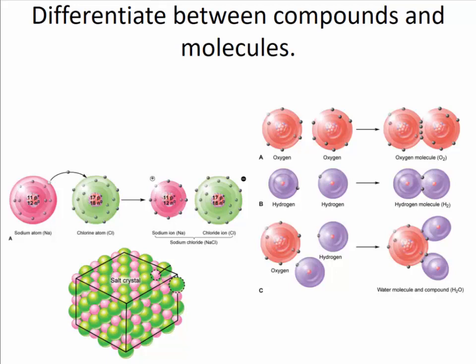Every sodium is surrounded on all sides by chloride ions, because the positive sodium is attracted to all the negative chlorides. And every chloride is surrounded by all sodium ions, because each of the chloride ions is an attraction for all the positively charged sodium ions. And you end up with this salt crystal. The idea here is you can't say which of those two are actually bound together. They're all attracted to each other, and you end up with this salt crystal for ionic compounds.